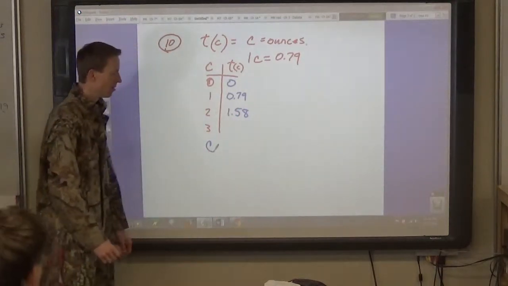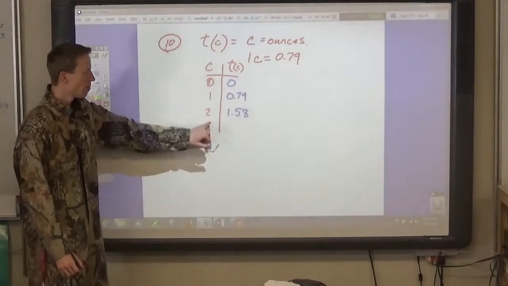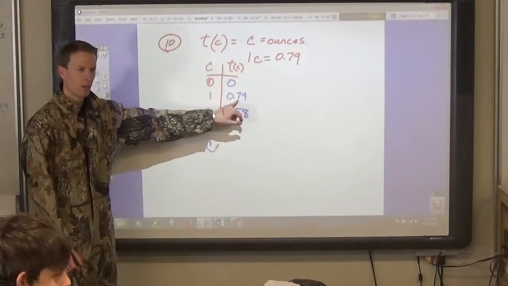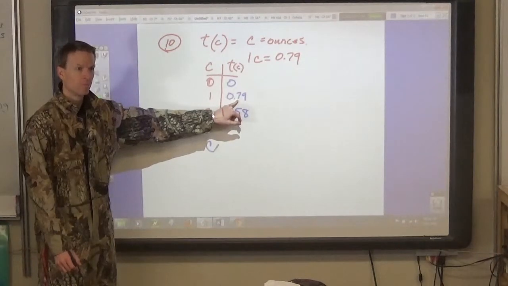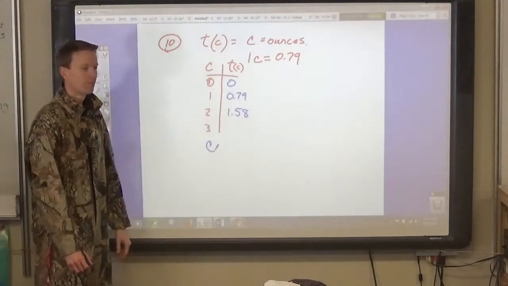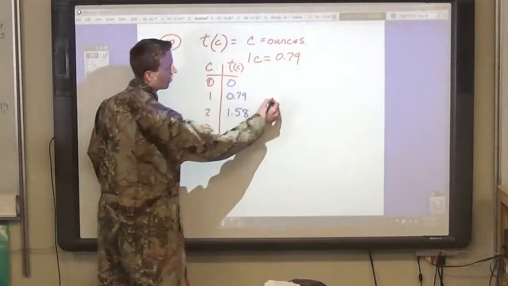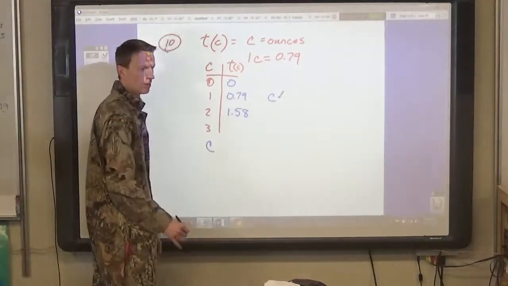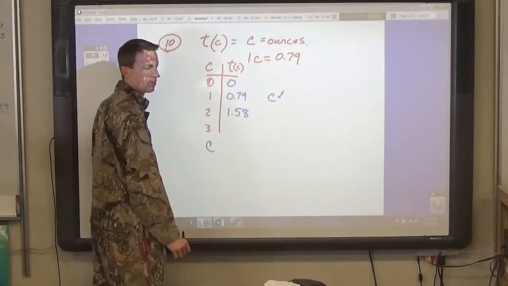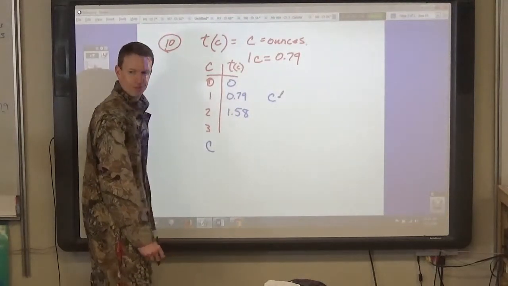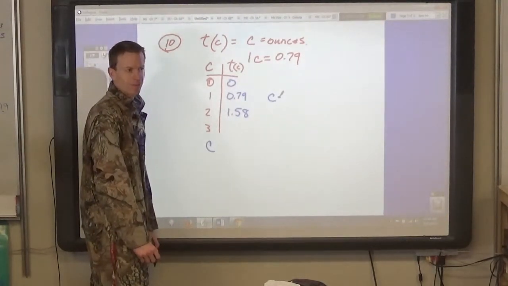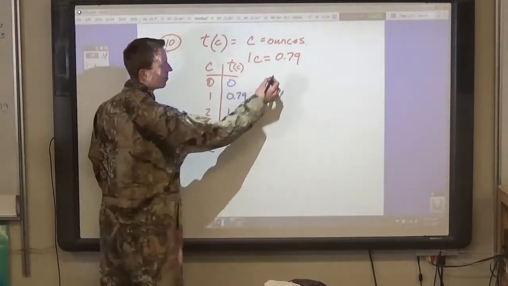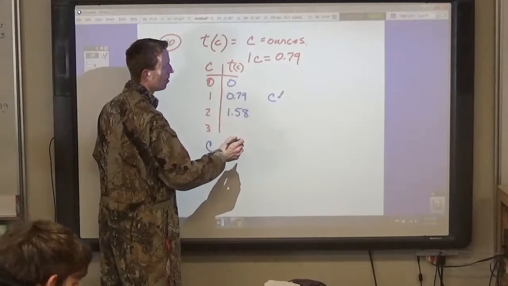If this is the pattern, what are we doing to get this? We are multiplying the number of ounces times the cost.